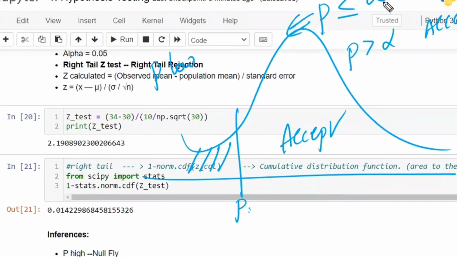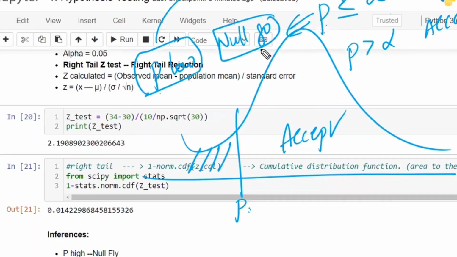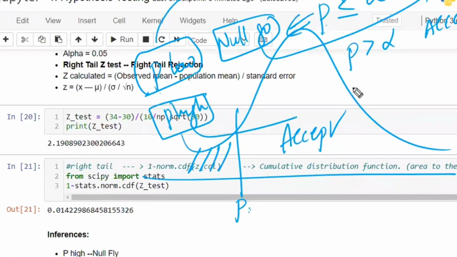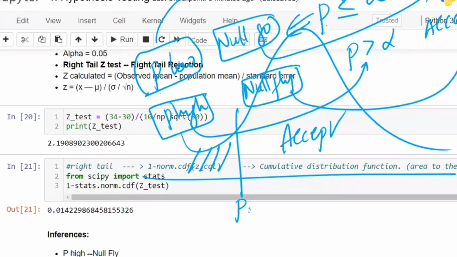Null go means reject the null hypothesis. Similarly, P high means p greater than alpha. Null fly means accept the null hypothesis. Is that clear?